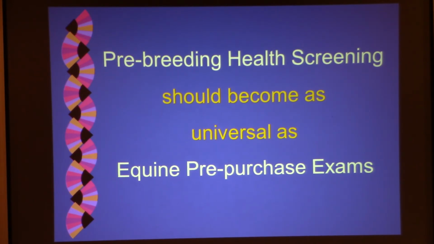Well, the paradigm of dog breeding should be pre-breeding health screening, evaluating the health of every prospective breeding dog. Because if you're not doing that evaluation, as well as evaluating the positives and the negatives for the quality traits that you're looking at, otherwise you're breeding blindly. And that's what is important.